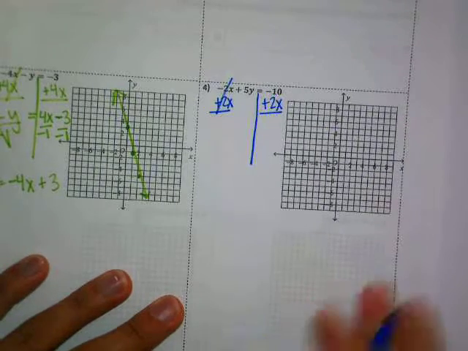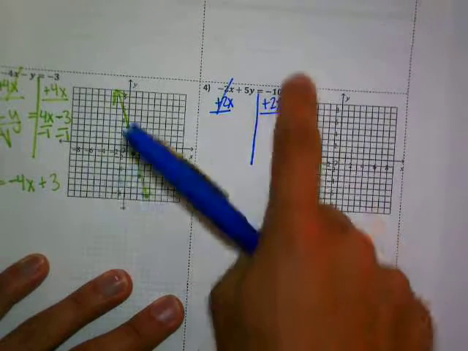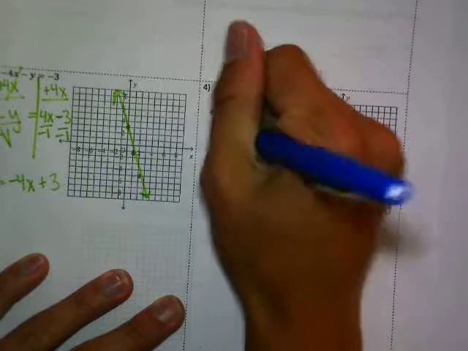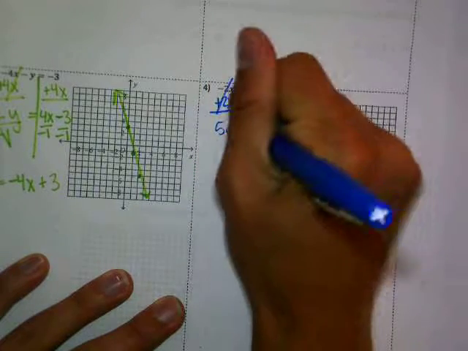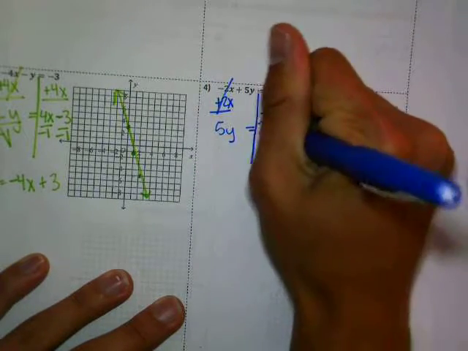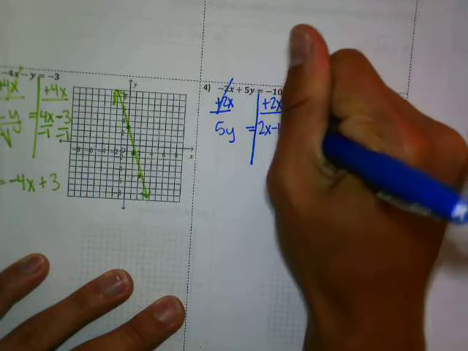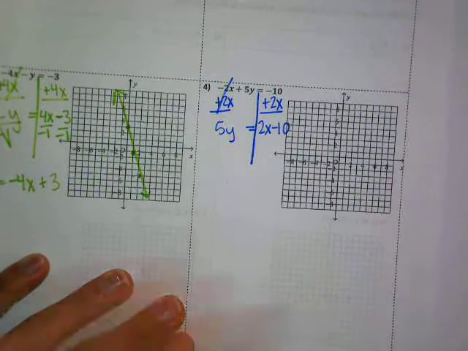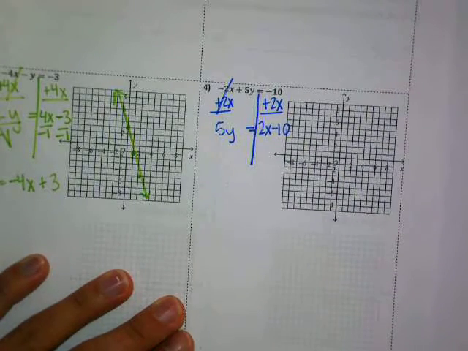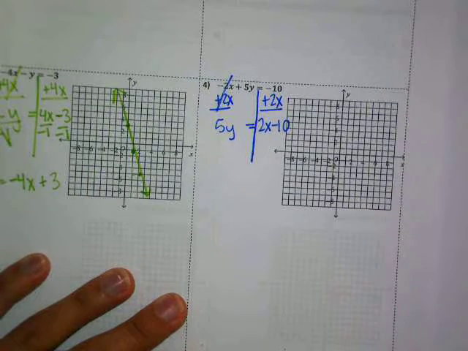Okay, Emily, can I combine negative 10 and 2x together? No. Okay. No one answered but Emily. Emily, what is my next step? Very good. Divide by 5.